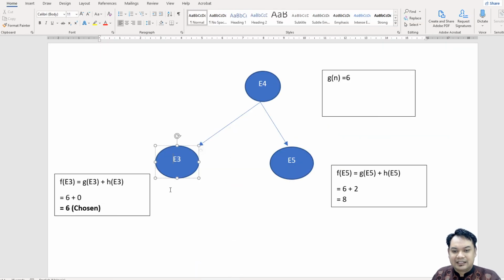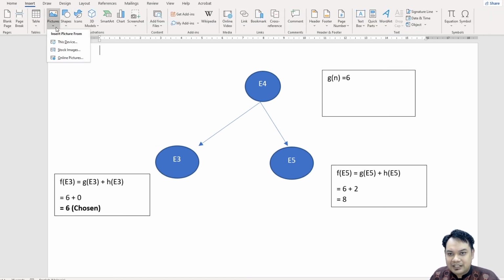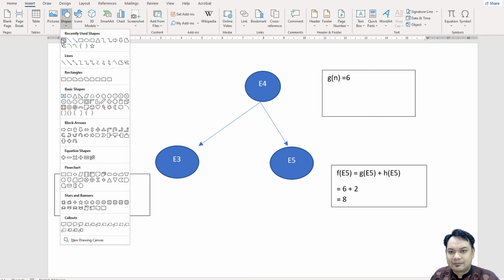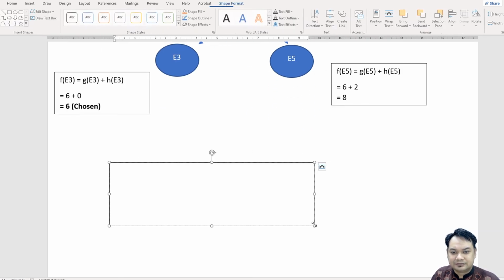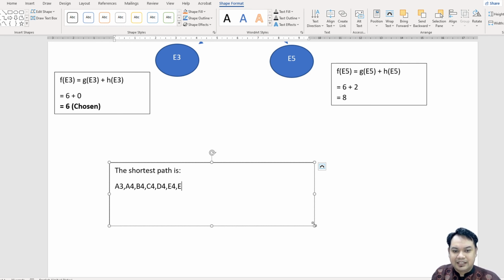and E3. So the shortest path is, okay, the answer would be, the shortest path is A3, A4, B4, C4, D4, E4, E3.